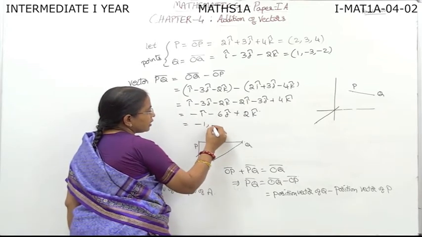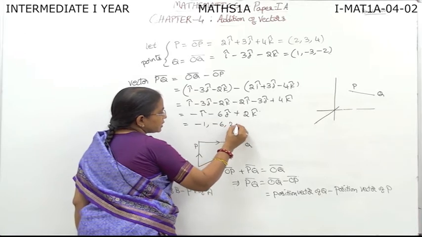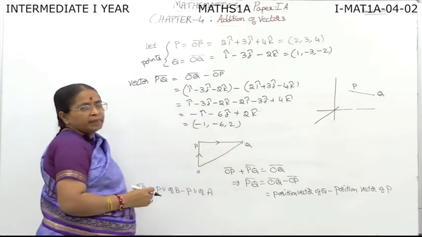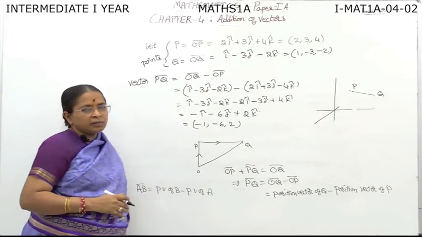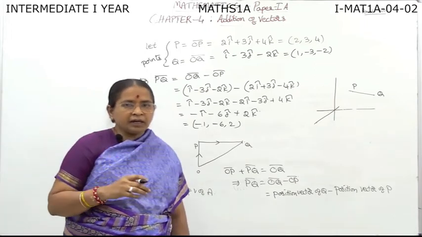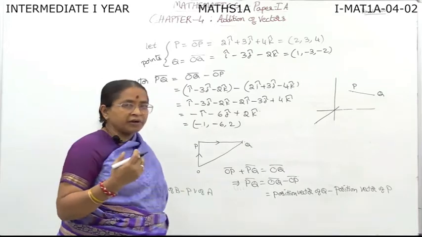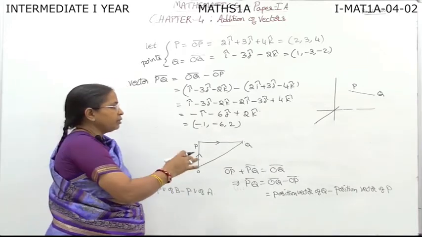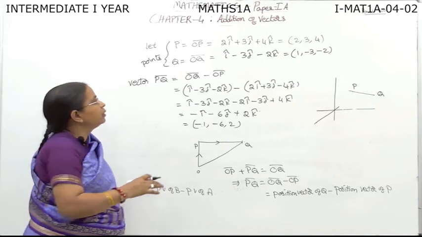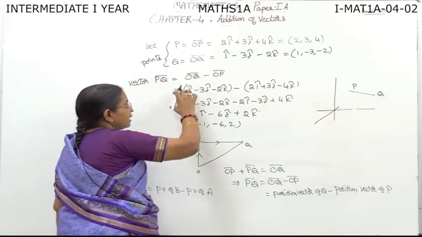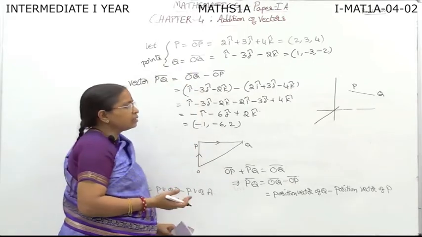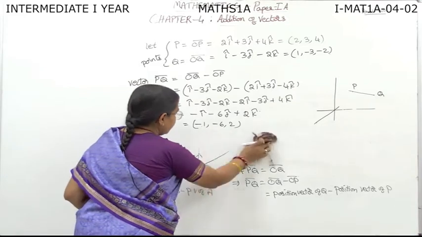You can also write minus 1, minus 6, 2 like this. The vector. So in the problems you should read carefully what is given to you, whether points are given or vector is given. According to that, you must solve the problem. So, points as well as vectors will be in terms of ijk.